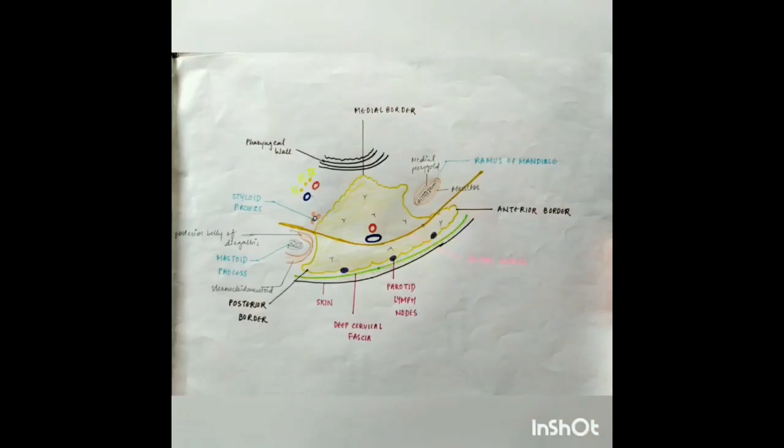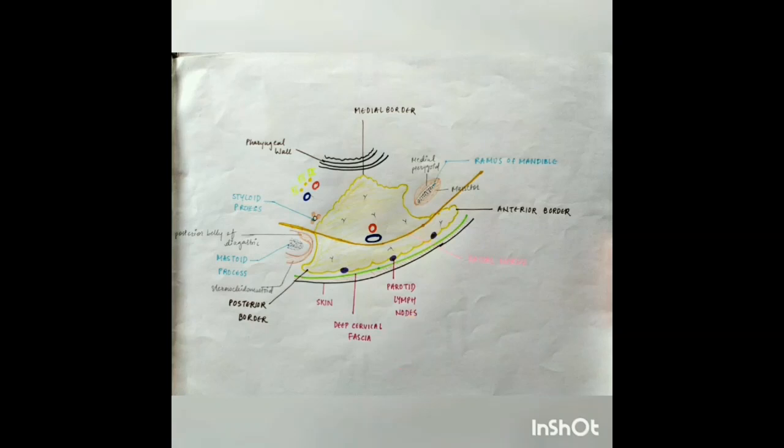So now let's see the relations of the superficial surface. The superficial surface is related to skin, superficial fascia, deep cervical fascia and parotid lymph nodes.